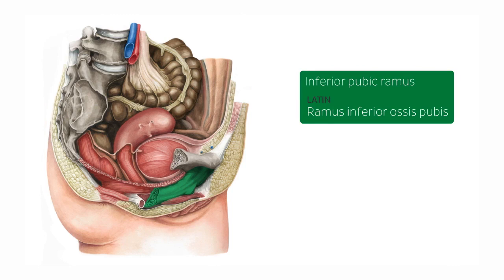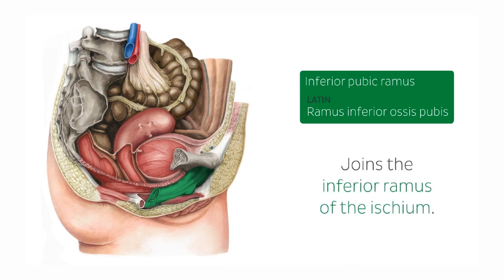It projects laterally, as you can see here. As you notice, this is the midline of the body, and this is projecting laterally and downward from the medial end of the superior ramus.